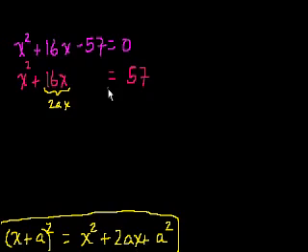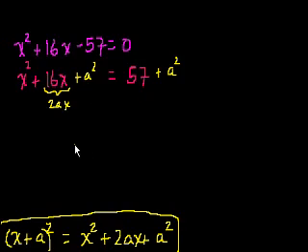And then we need to add an a squared to it, plus a squared, and then we would have the form here. But we know from basic algebra that anything you do to one side of an equation, you have to do to the other. So we added an a squared here, so let's add an a squared here as well. And now you could essentially rewrite this as the square of some expression. But before that, we have to figure out what a was.